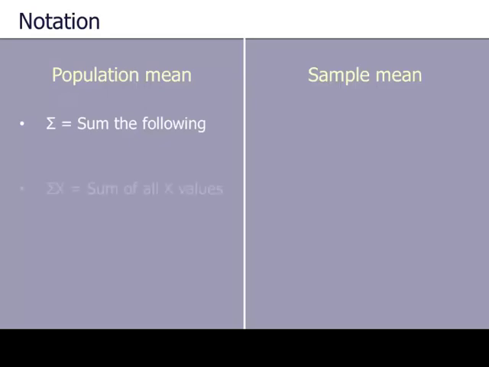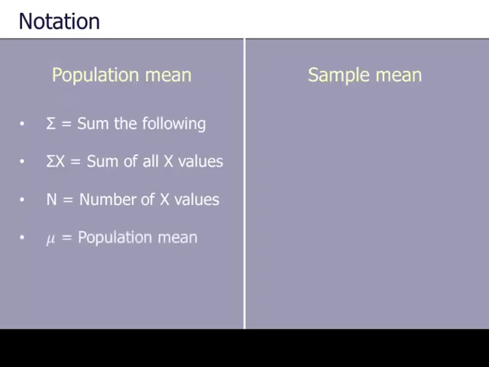Thus, sigma x means to sum the values of variable x for every observation in the population. The capital letter N represents the number of x values in the population, and the lowercase Greek letter mu represents the population mean. Using this notation, we can express the formula for the mean of the population as follows.